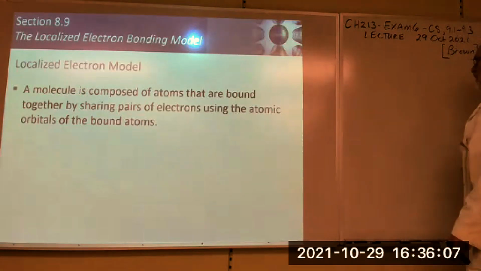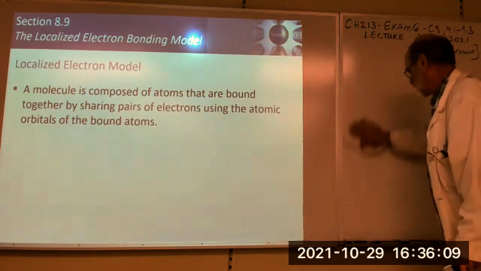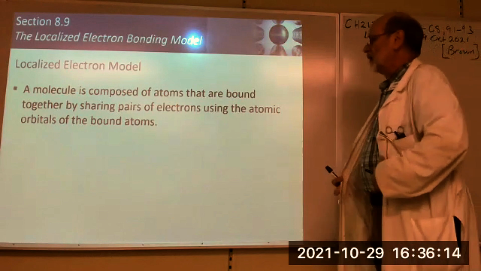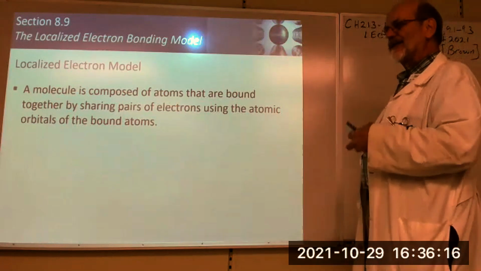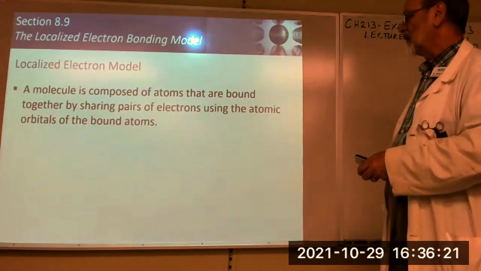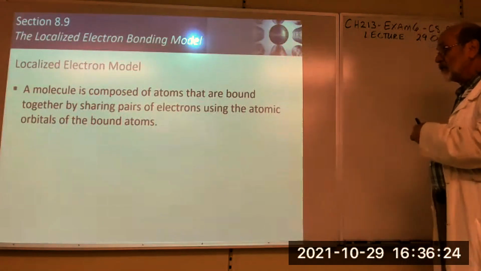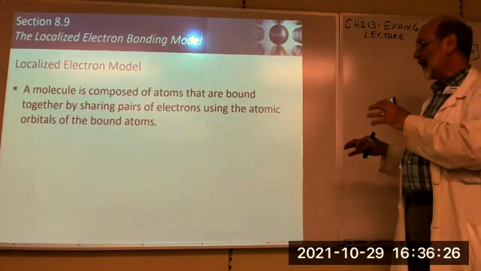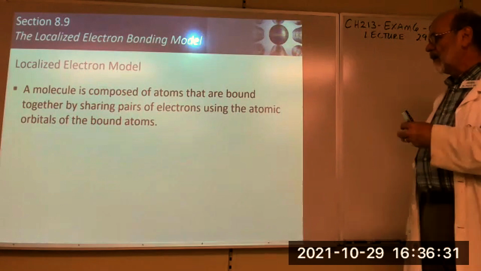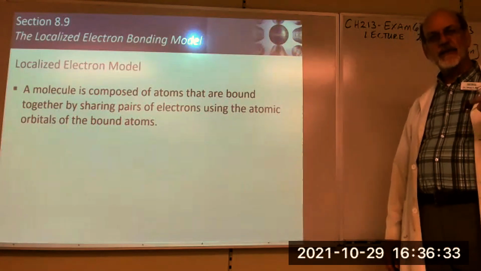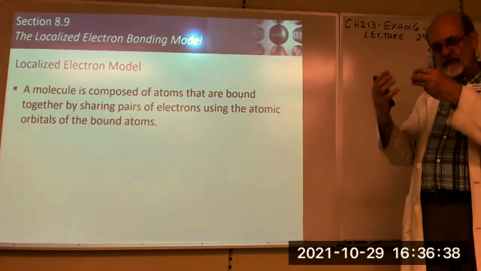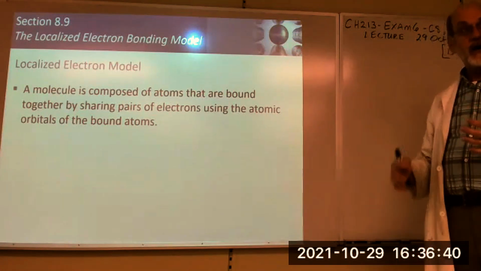Okay, now for the models, trying to understand something about the bonding and the shapes of molecules. The localized electron model says that in a molecule, atoms that are bound together and share electrons are actually using the atomic orbitals of individual elements, and then they overlap in order to form the bond.